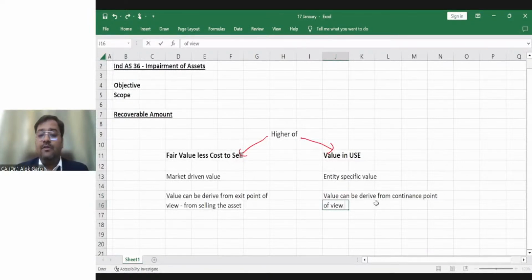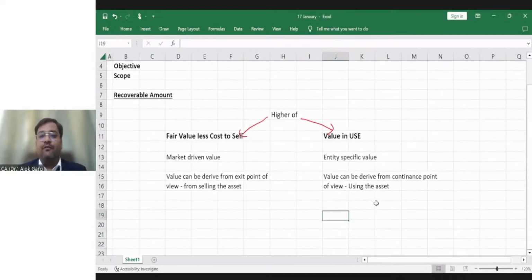What is meant by continuance point of view? It means using the asset. And how can this value in use be derived? The value in use can be derived by the present value of future cash flow. So fair value is simply market value minus your cost of disposal.